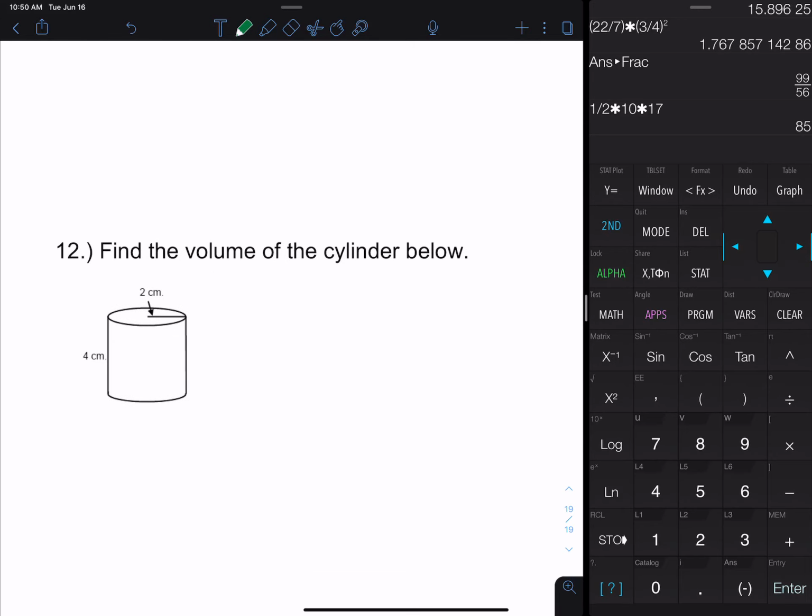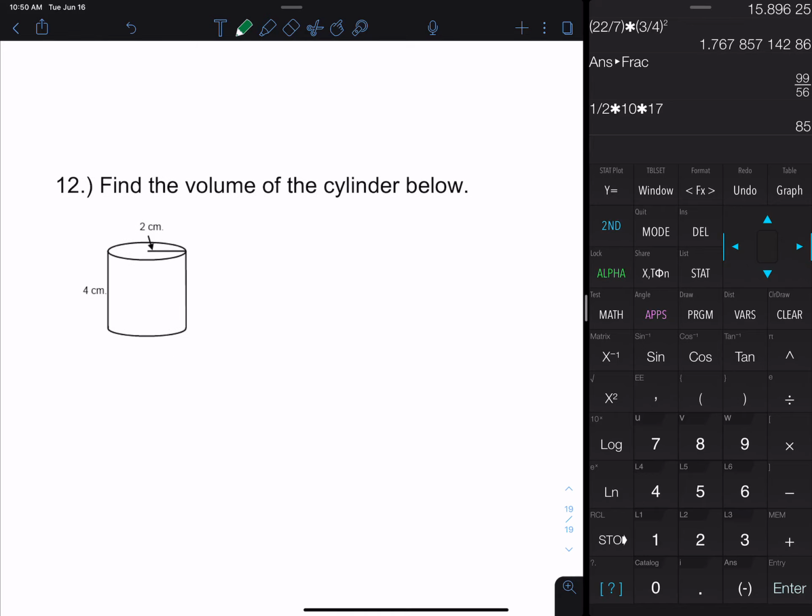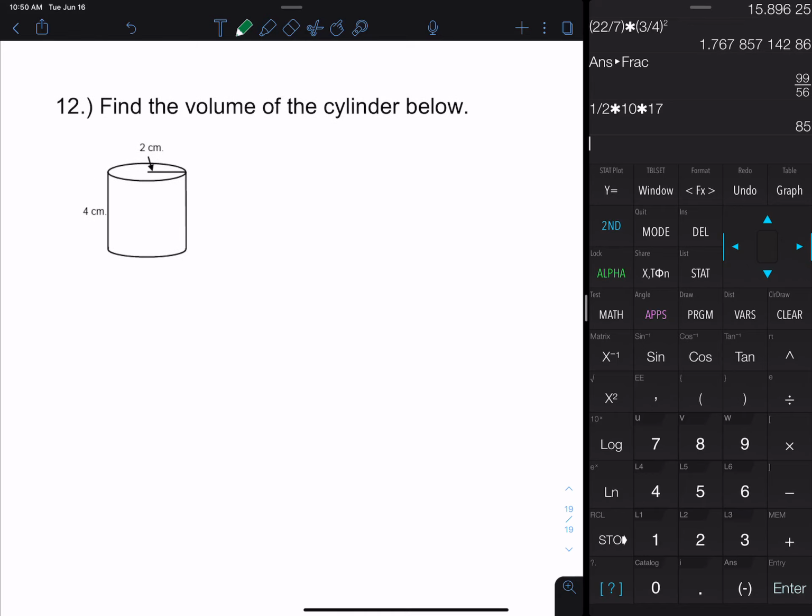We have another example where they tell us to find the volume of the cylinder below. So when we're trying to find the volume, right, our general formula is that we want the area of the base times the height. So in this case, the area of a base is our circle.